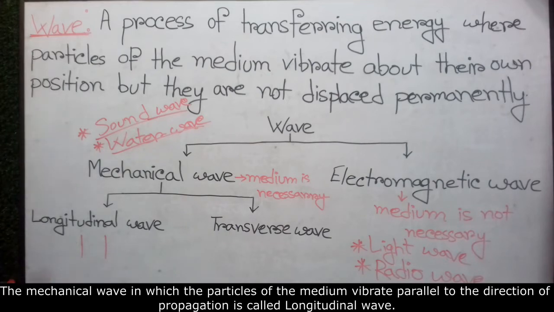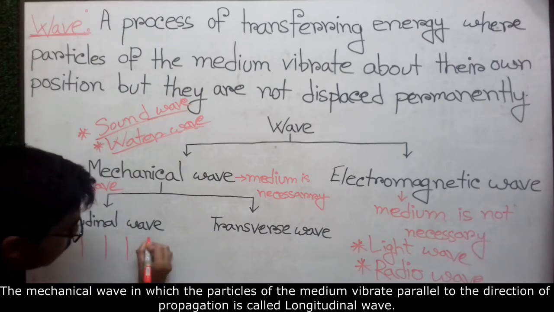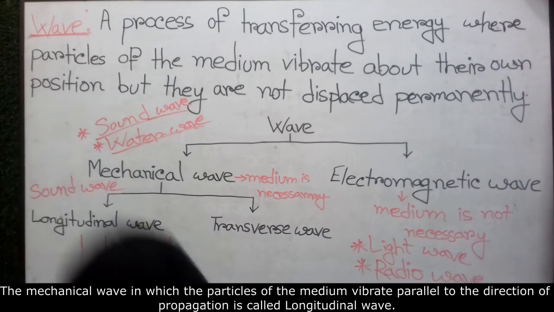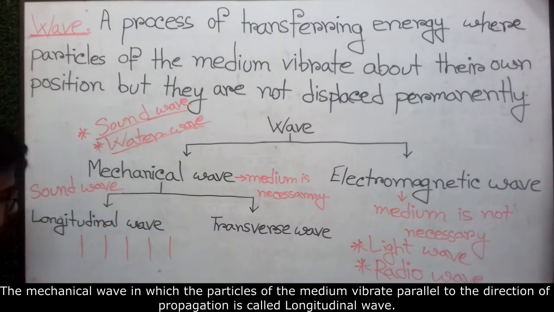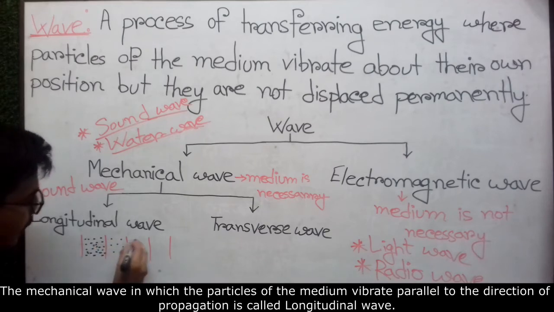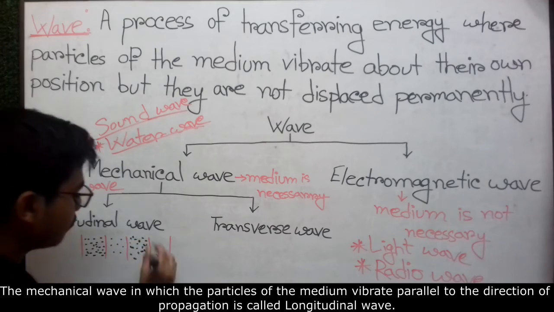So what is the example of it? The example of longitudinal wave is sound wave. So how does a sound wave pass? If I give an example, these are some boxes, and there is air, there are short and medium regions, and there are more particles of air.